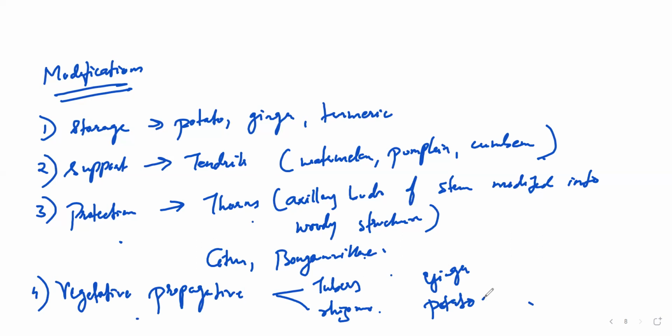Okay, so these are the basic 4 modifications of the stem. So apart from this, you also have a few more, such as the flattened stem, which you will find in the plant Opuntia, as well as you have something called underground modification.